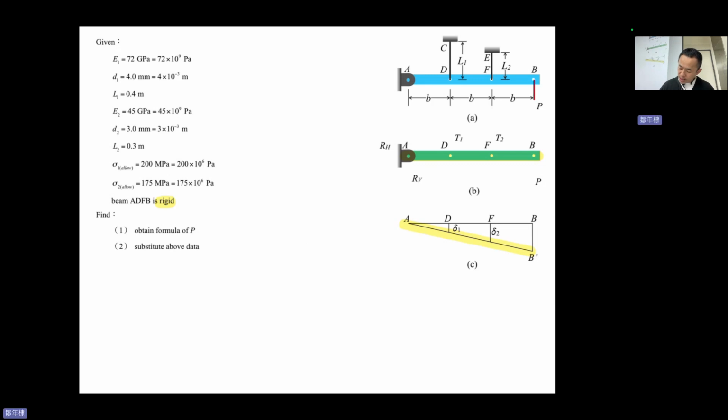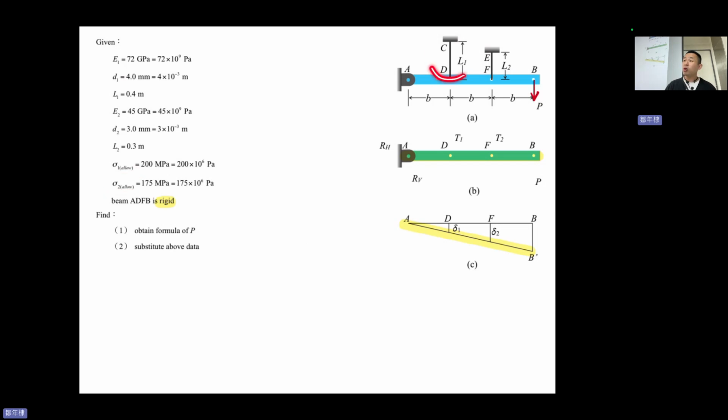And B has a force P. Now there are many things here: E1, D1, L1, E2, D2, L2. So two materials, CD and EF. They gave us the material properties, D2, L2, and sigma 1 allowable, sigma 2 allowable.